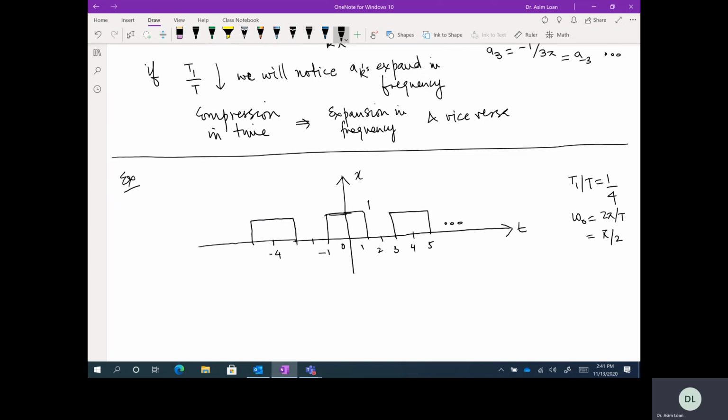This is 1. This is x of t. Minus 2, minus 3, minus 5 goes on over here. Okay. Let me redraw this one.